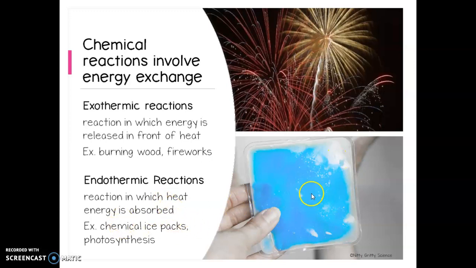It's because the chemicals within it start to react with each other, absorbing that heat, taking it in. So it causes the feeling of it being cold on the outside. It's not so much making things cold, it's actually taking in the heat.